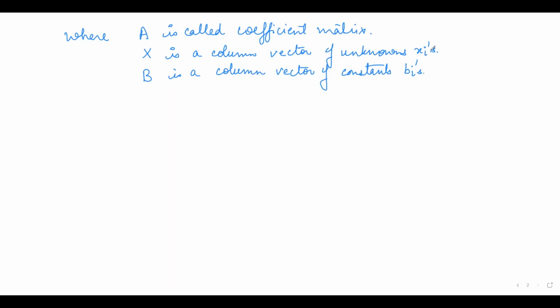Whenever we talk about the consistency of a system of linear equations, we talk about another matrix. So here we consider the matrix C, that is denoted by this, or it could be denoted by this. And this is known as the augmented matrix. This is called the augmented matrix of the given system of equations.